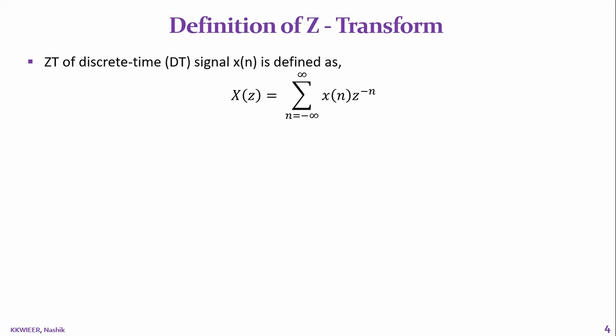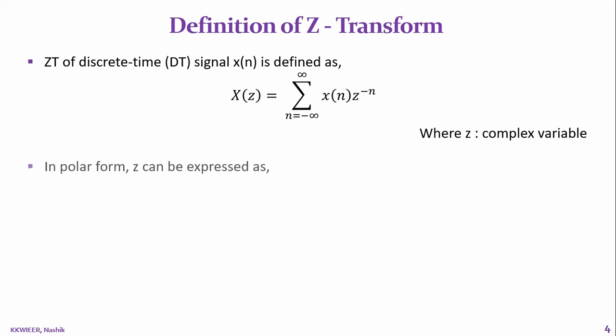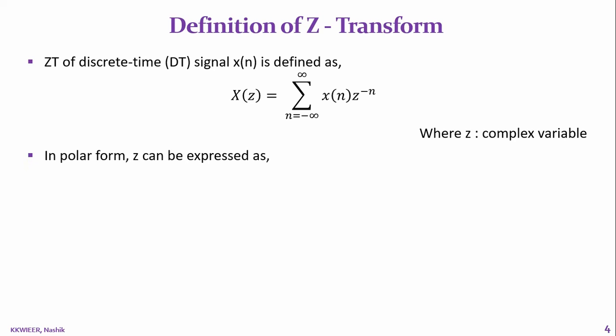So this is the basic definition of Z transform, where z is a complex variable, that means it will have a real as well as an imaginary part. In polar form, z can be expressed as z is equal to r e raised to j omega, where r is the radius of a circle.